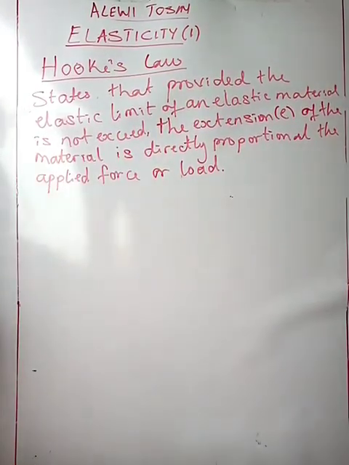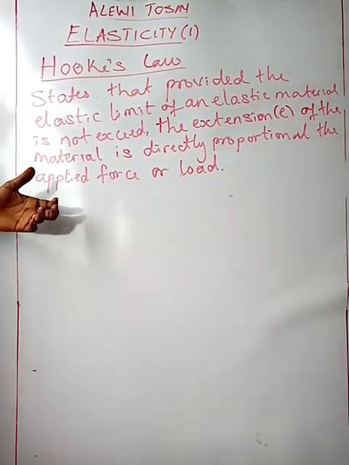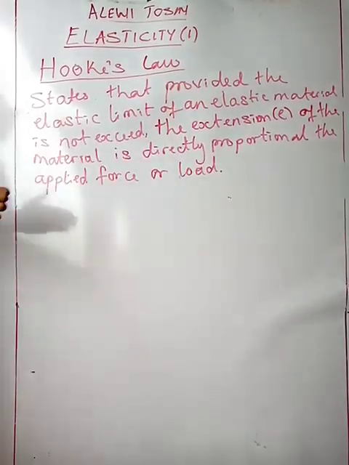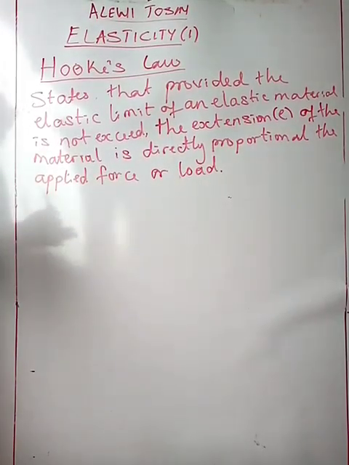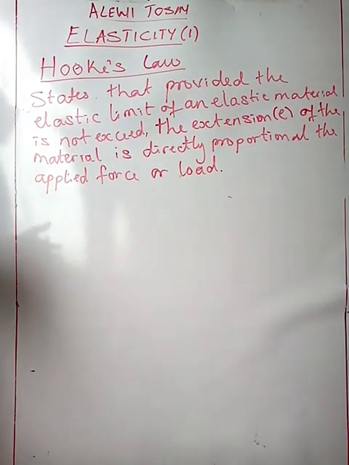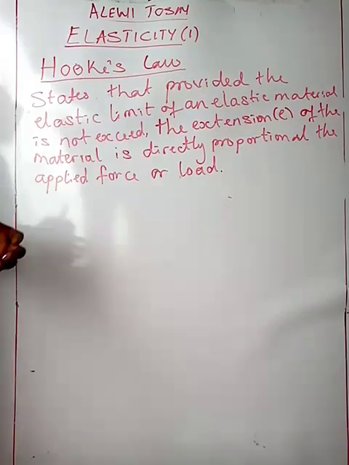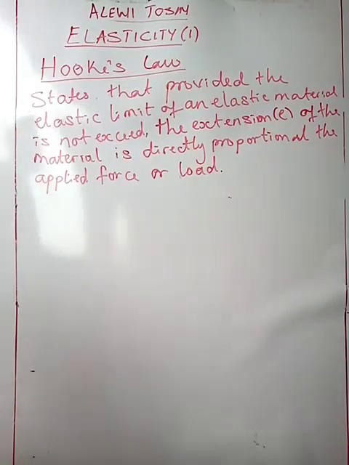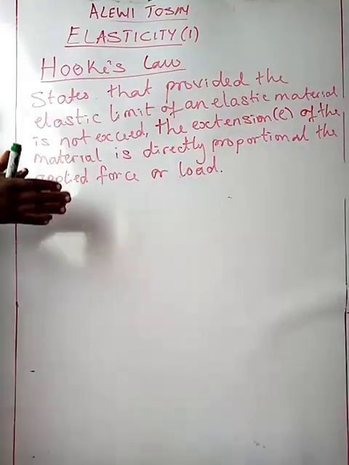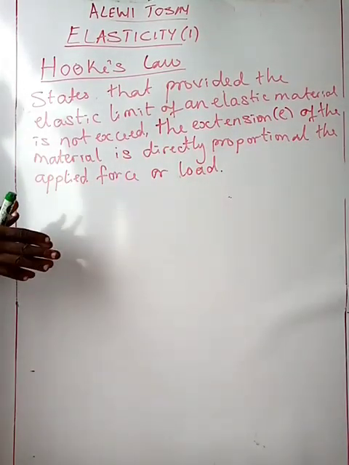Hooke's law talks about the relationship between the extension E and force applied. From our previous explanation, when the force applied to an elastic material is released, the elastic material moves back to its original position, original size or shape.